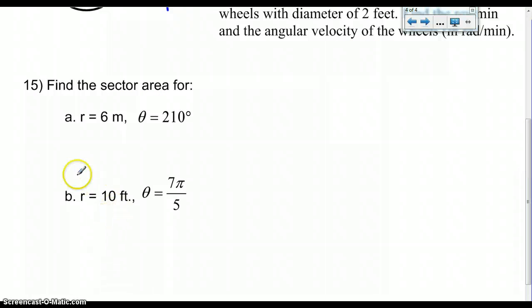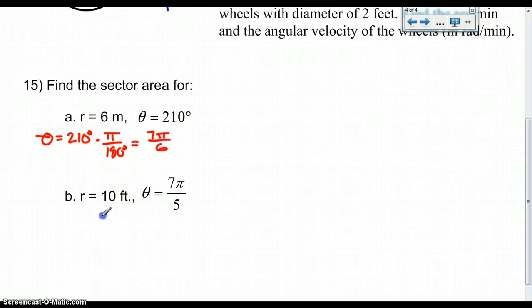Okay, on number 15, we're asked to find the sector area. One thing to consider on 15A, you'll notice that our angle theta is given to us in degrees. In order to use the sector area formula, we actually have to convert this into radians. So that theta, whether it's arc length or sector area, always has to be in terms of radians.